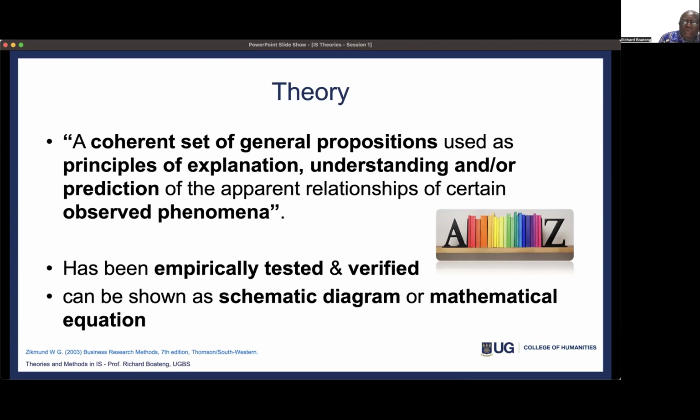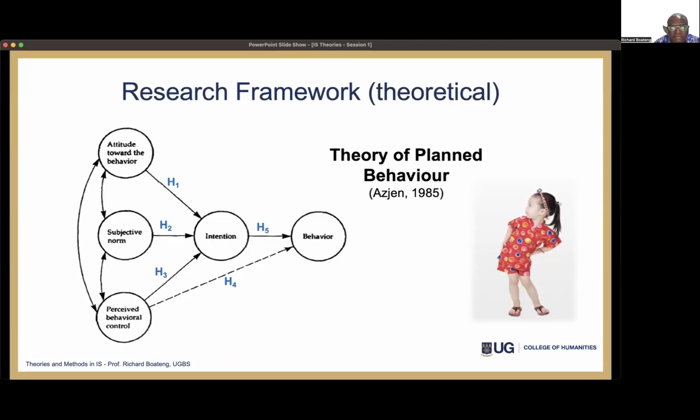In that particular paper, you don't see any schematic diagram because I just explained the variables and used them to do my work. So in that scenario, you can have a theoretical framework, a research framework, that is just based on text, not on a diagram. Just keep it in mind, though most of them are based on a diagram.